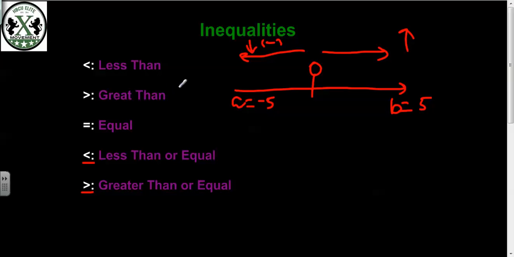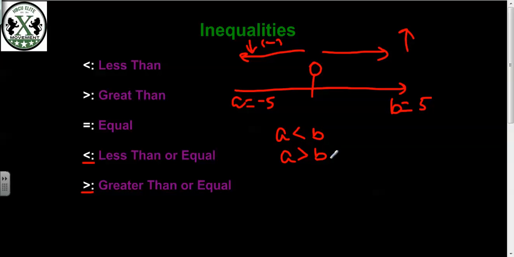Since we know that -5 is less than 5, the easiest way to write this would be a, which is -5, is less than b. But what would happen if b was -5 and a was 5? The a would obviously be greater, so we would write it in this fashion.